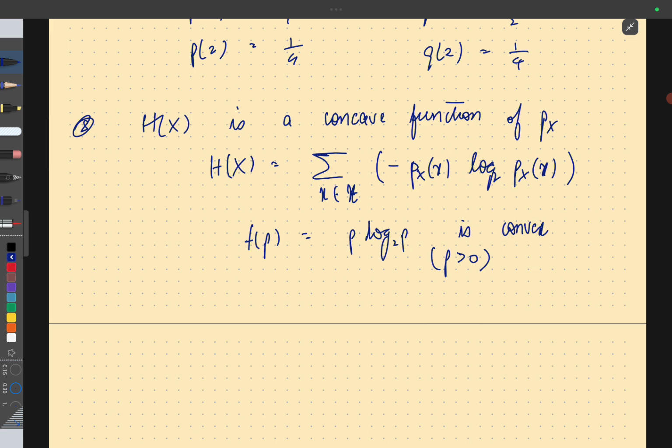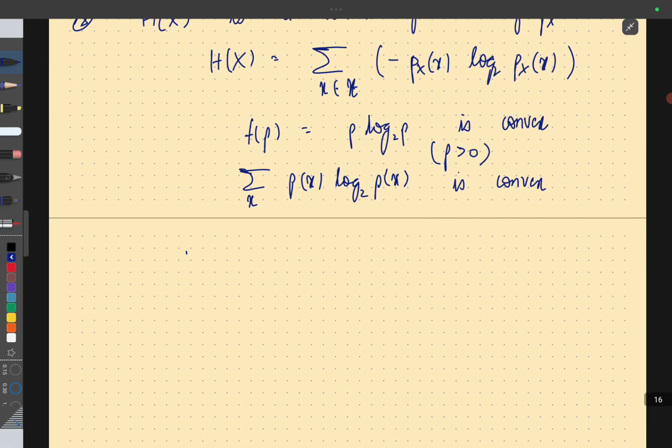The entropy is effectively the negative of a sum of terms that look like p log p. And we've also seen that the sum of convex functions is also convex. So the summation over all x of p of x log p of x is a convex function of the distribution p of x. Remember that H is a function of a vector, the probability vector.